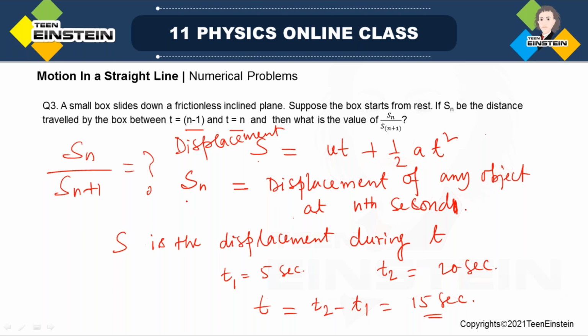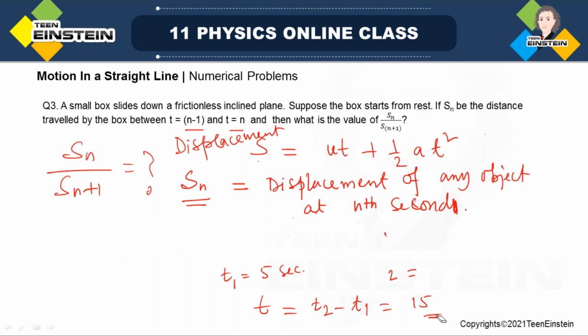So how to define this Sn? We have a formula for finding displacement for a particular time interval. I'll give you a simple example and then I'll write the formula. Suppose you want to find the displacement at the fifth second.